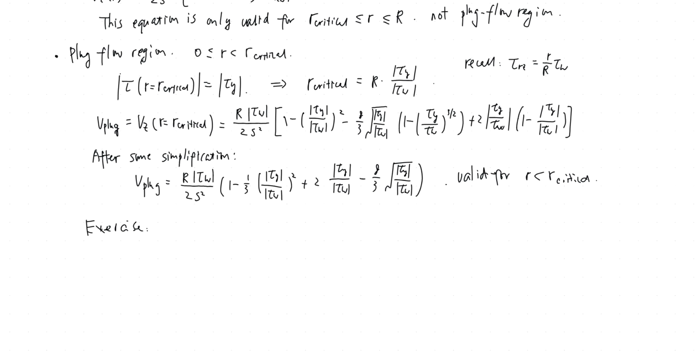A Casson fluid flows in a cylindrical pipe of radius 1.5 millimeter.